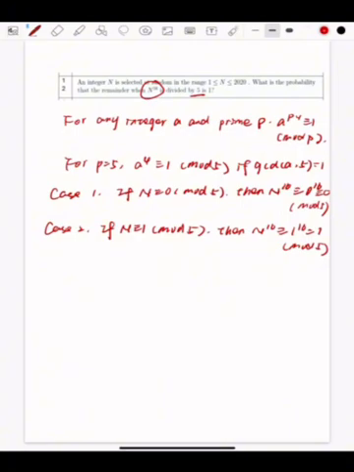And also in case 3, case 4, and case 5. That is from 1 to 4.